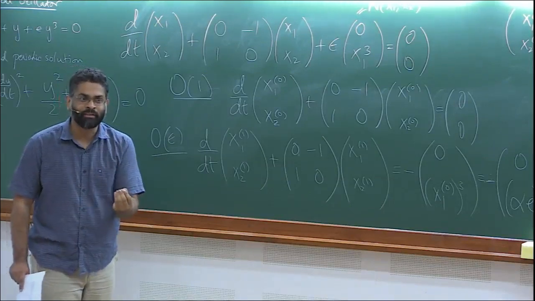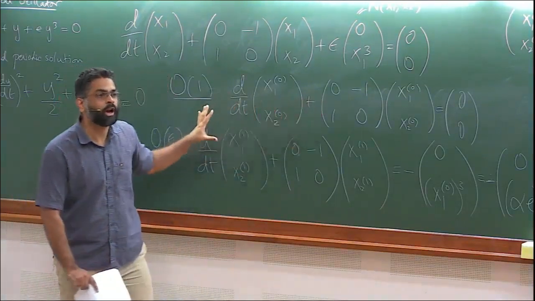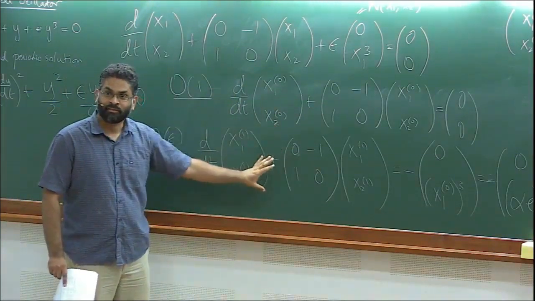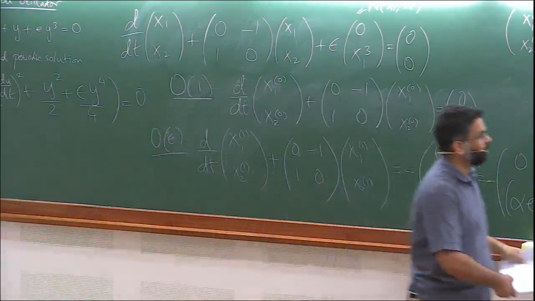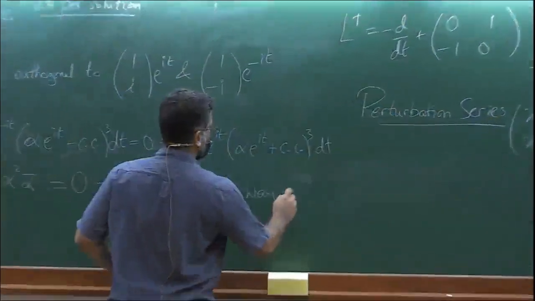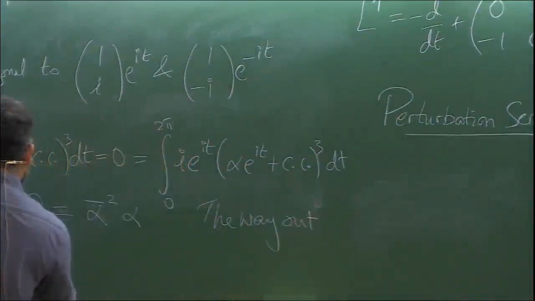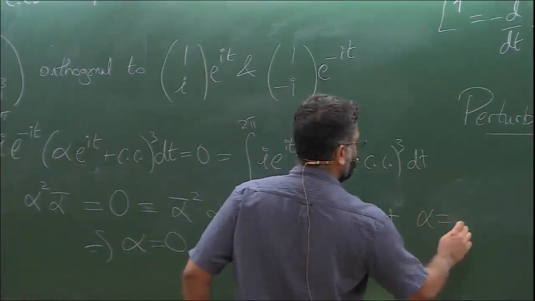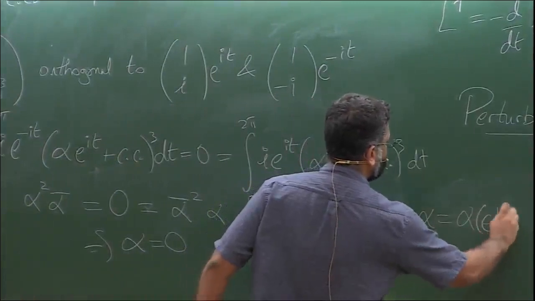Because that's all you need. You just want to make sure it's not here. It could be here. So the way out, this obviously implies alpha is not constant. Alpha is alpha of epsilon t.